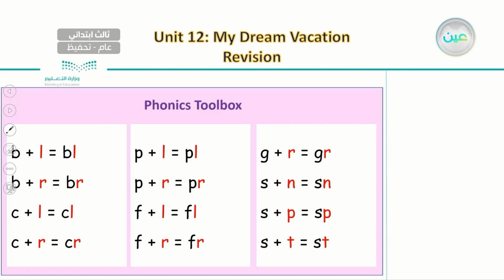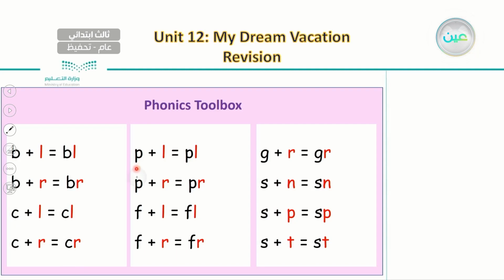And also C, if we add L to it, we will have a word like clay. And also C with R, when we add them together, we have a sound as in cry.